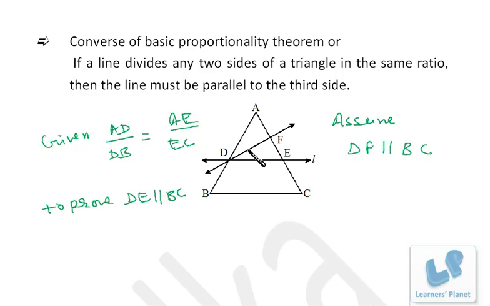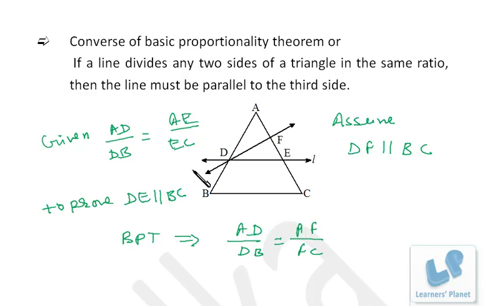Now if DF is parallel to BC, according to BPT, that is basic proportionality theorem, AD by DB must be equal to AF by FC, right? Because DF is parallel to BC. But what is happening over here? We are given that AD by DB is equal to AE by EC.